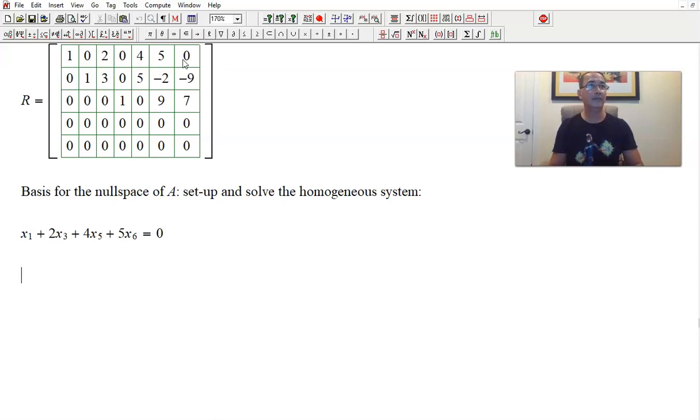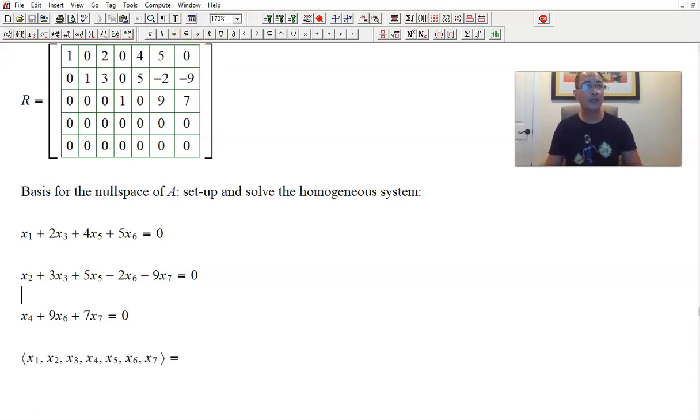Second equation, x2 plus 3x3 plus 5x5 minus 2x6 minus 9x7 has to be 0. Last equation, that is x4 plus 9x6. So x5 does not appear in the third equation. Plus 7x7 is equal to 0.